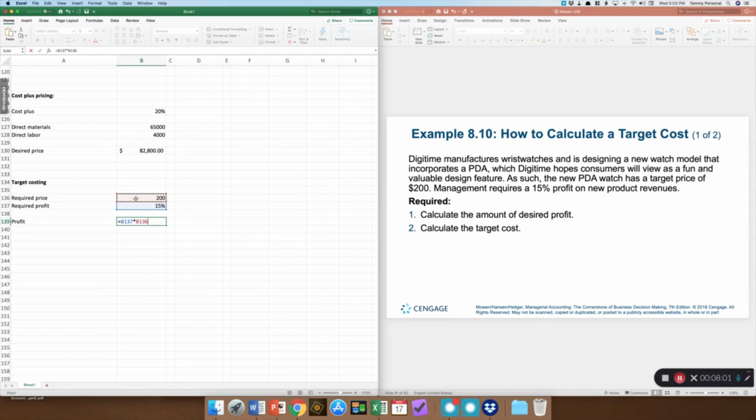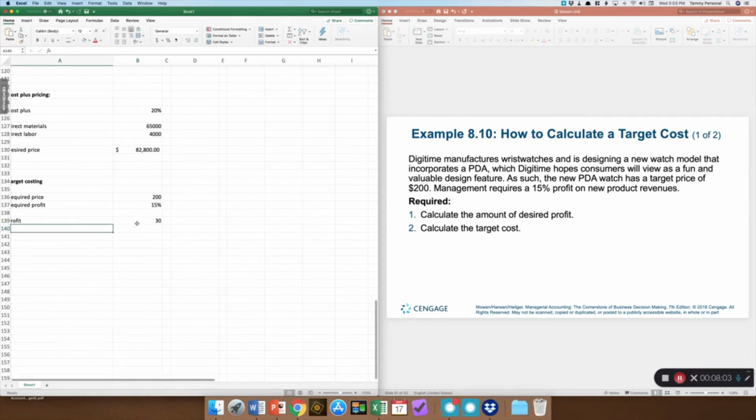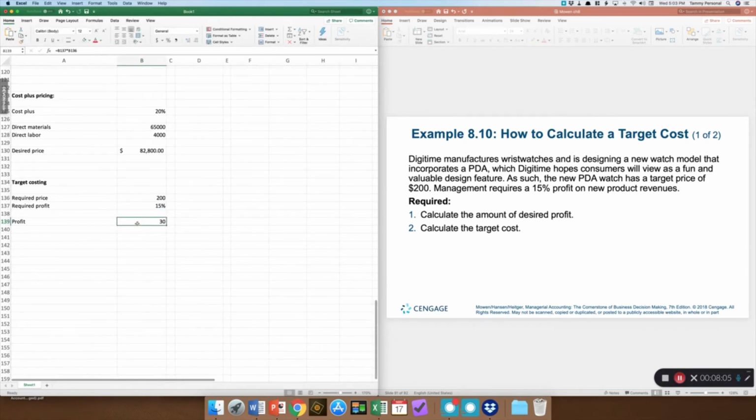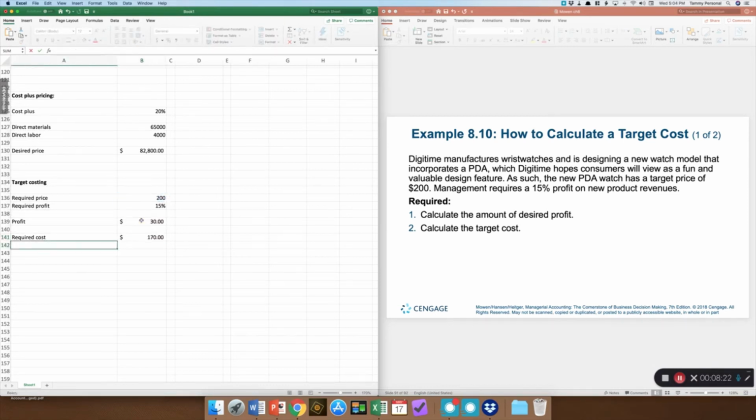So it's $30. $30 of that $200 price tag needs to be profit. So that means that the required cost has to be $170. It has to be 200 minus 30. Couldn't be easier, right? That's about as basic as it gets.